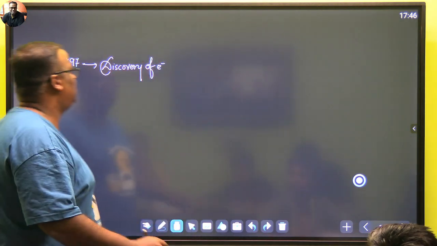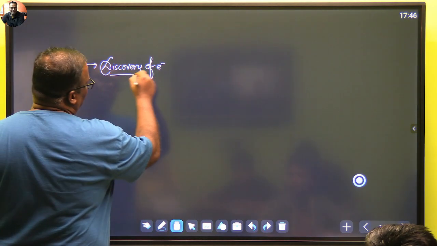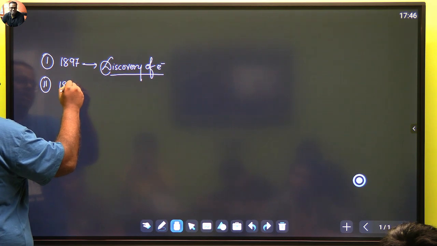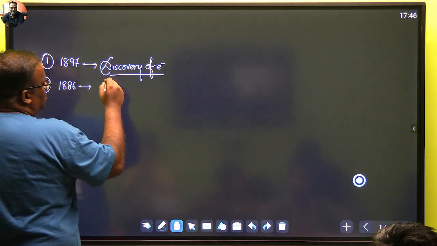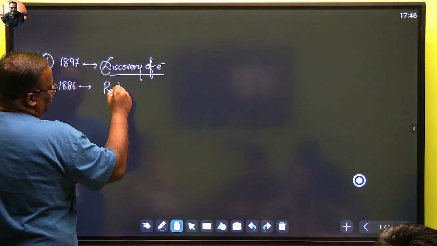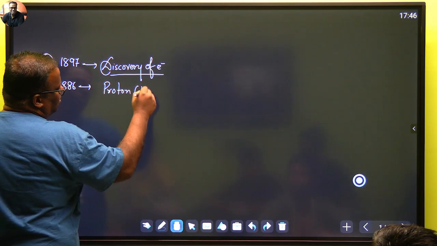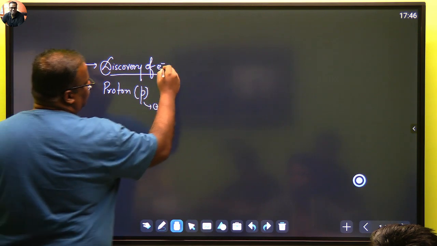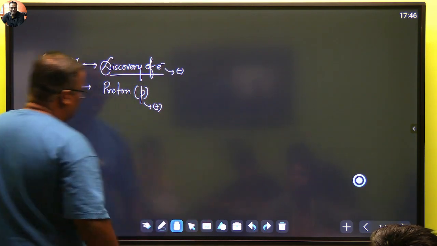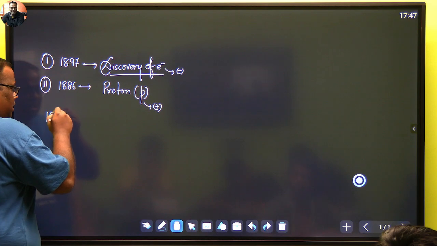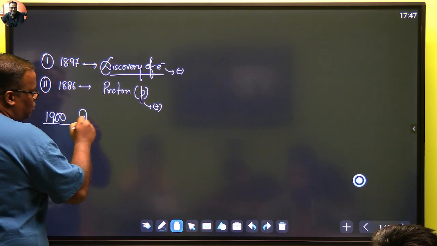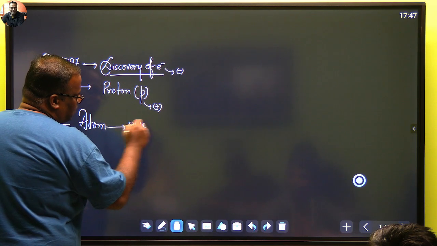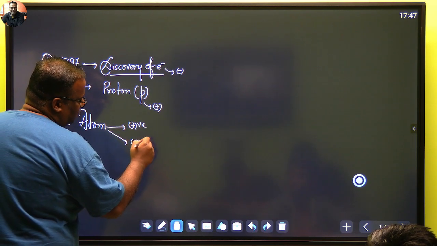So in 1897 we just found the discovery of the electron, and some previous papers were there in roughly 1886, and that was the discovery of the proton. A proton is a positively charged particle, and an electron is a negatively charged particle. So by 1900, the concept of atom is that an atom contains positive particles as well as negative particles.